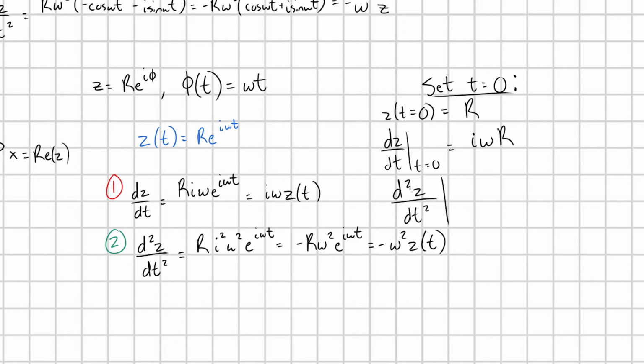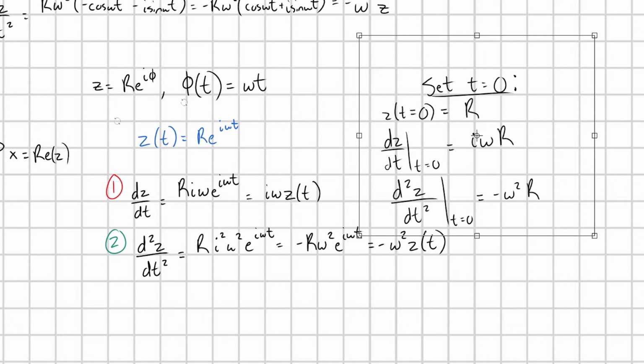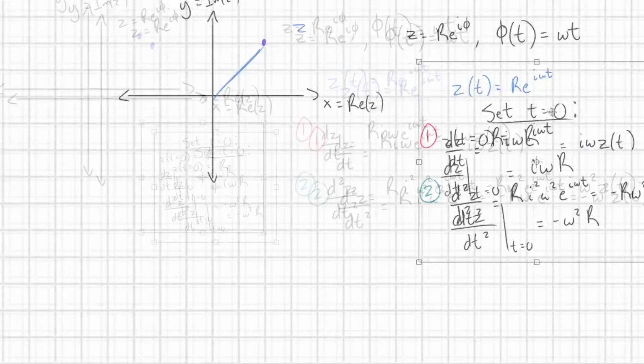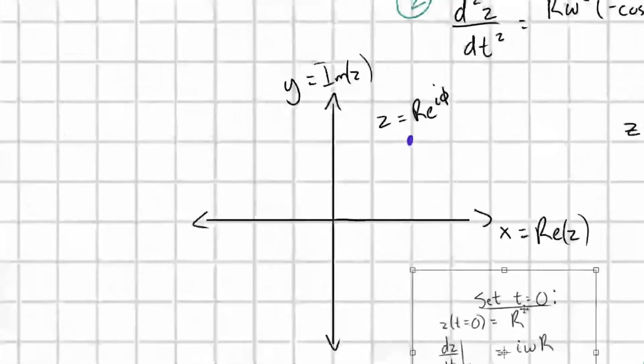The acceleration of my particle at t equals 0 is equal to minus omega squared, and again we just plug in our position at t equals 0. This is minus omega squared times r. Let me take this set of conditions and move them over to our picture here.